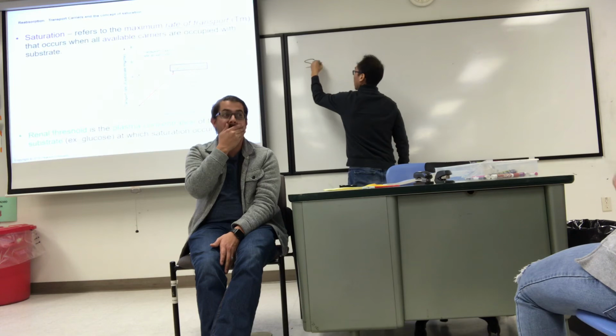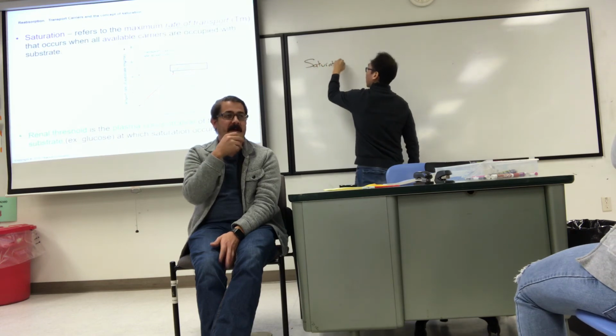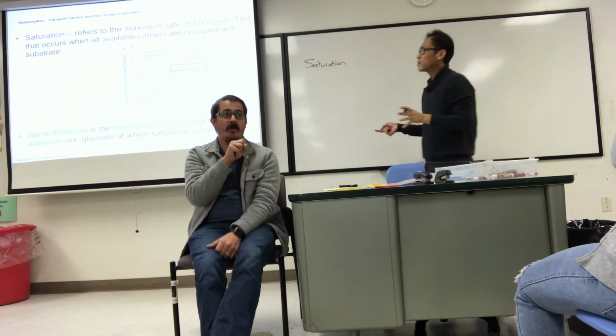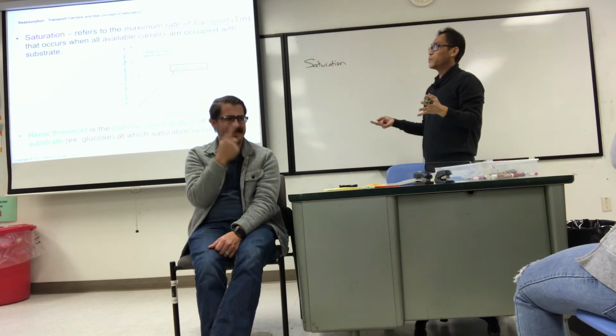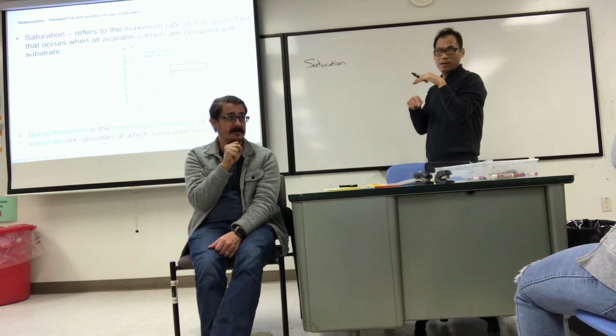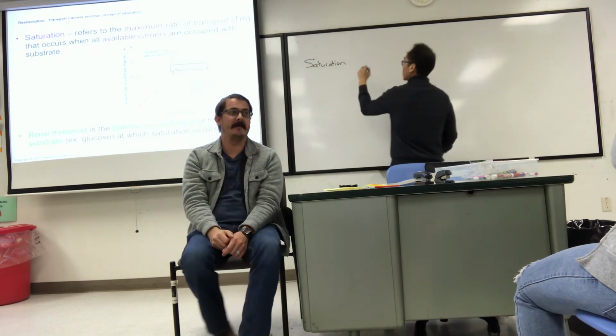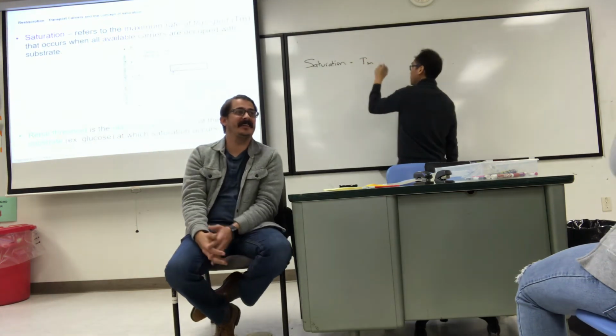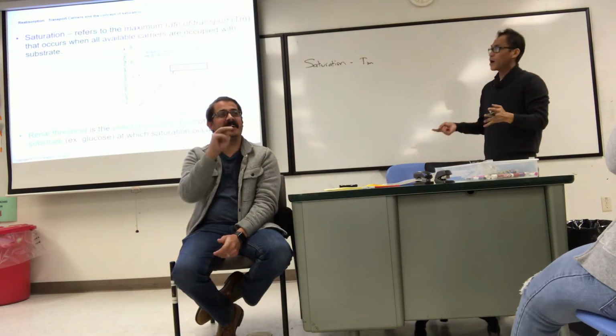My first idea, saturation. That's when you max out. Okay, all the carriers are used and they're all working at their max rate. Don't put TM. The M is max. You're maxed out.